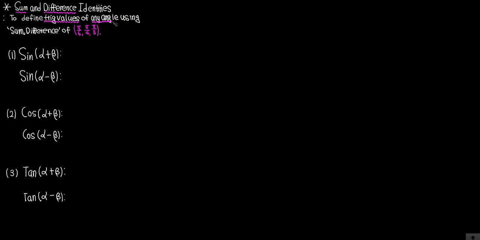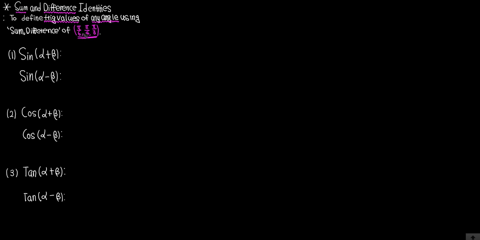angle measurements. And the reason why this is important is because so far, such as while we're graphing the trig values, we can only think about the trig values of the main angles that are manipulated by the special angles, which are pi over 6 radian, pi over 4 radian, and pi over 3 radian. However, we cannot define the angle measurements that are not related to the special angles.